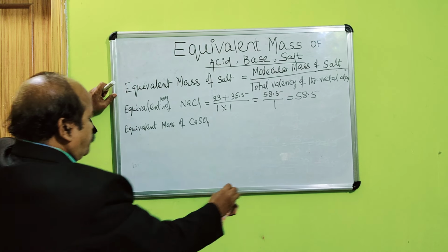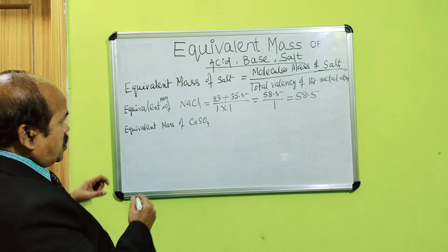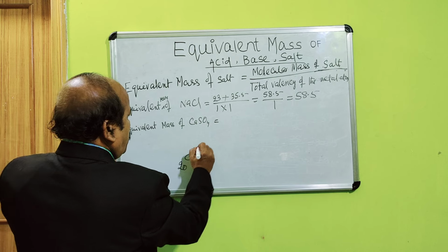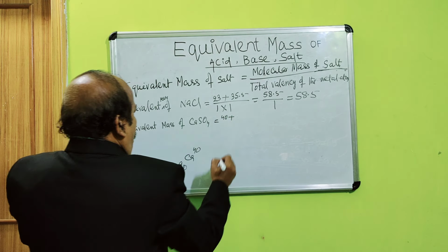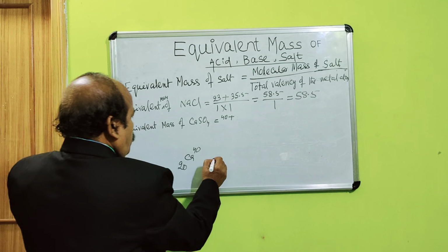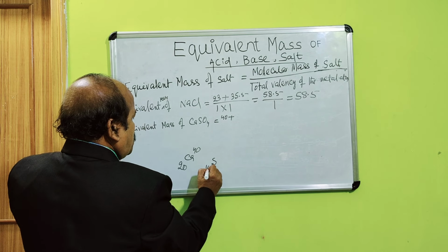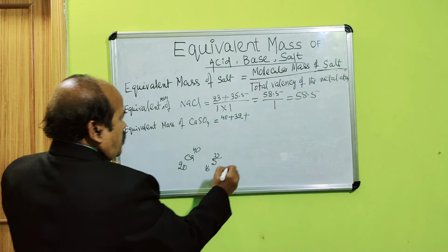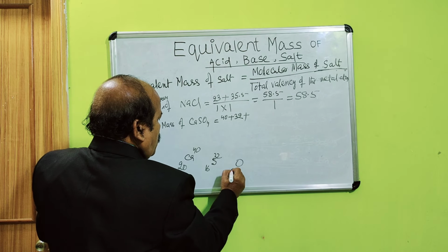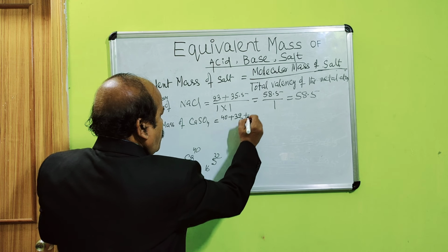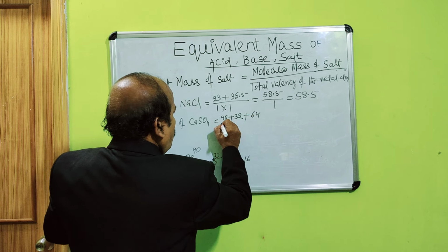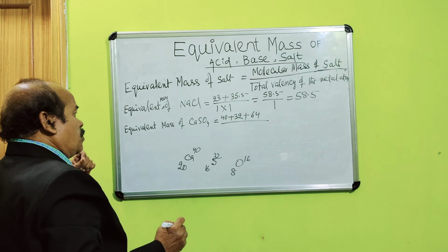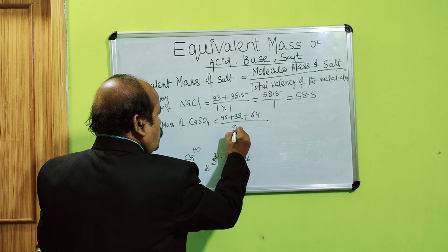Now, for calcium, atomic number is 20, mass number is 40. So I shall write here 40. For sulfur, atomic number is 16, mass number is 32. I shall write 32. Plus oxygen, atomic number 8, mass number 16. So for 4, it is 64 by. Calcium is present in group 2 of the periodic table. Its valence is 2.